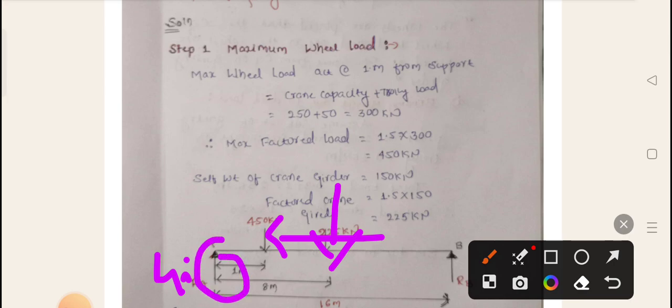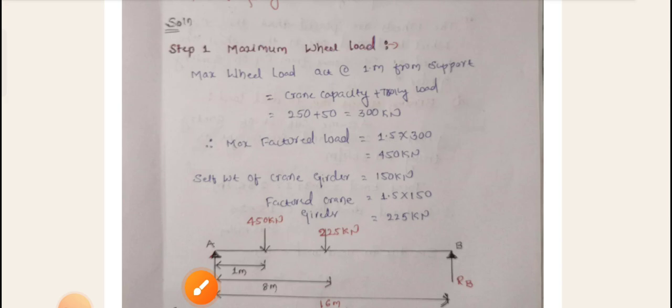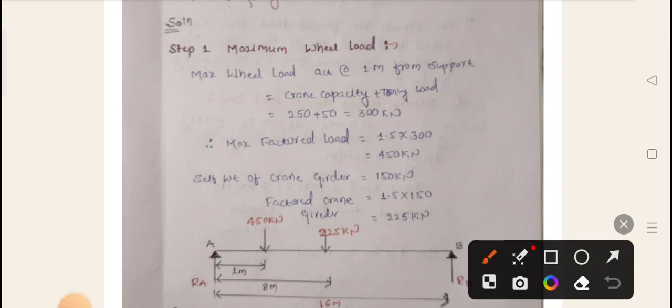Whenever you want to design any member, we have to design the section for the maximum load. If you want to increase the reaction, you have to take the load near to the support. How much maximum distance can we take?